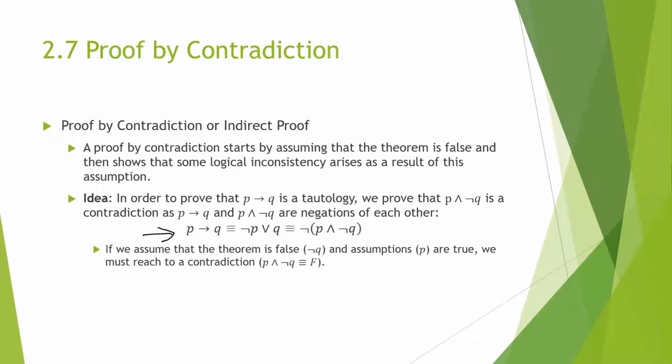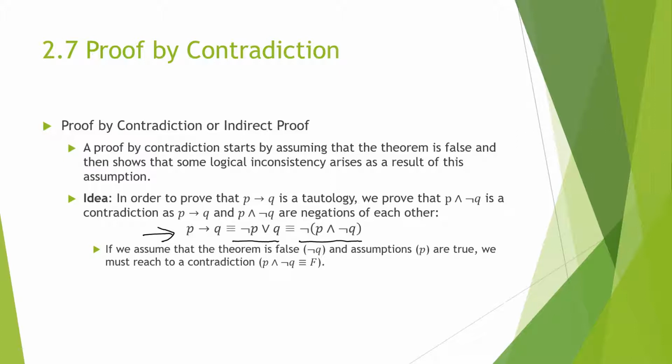If P then Q is logically equivalent to the disjunction of not P and Q. We have seen this in the first chapter. And based on De Morgan's law, not P or Q can be written as the negation of P and not Q. Therefore, P and not Q is the negation of if P then Q.